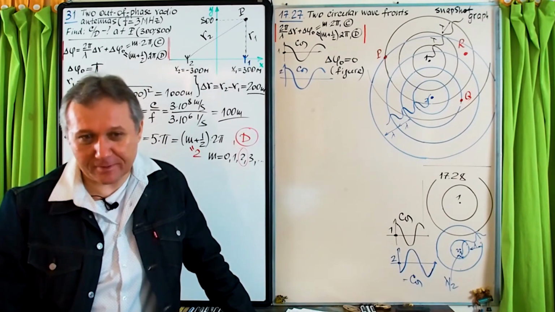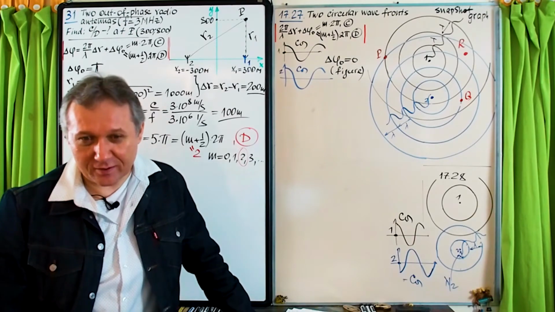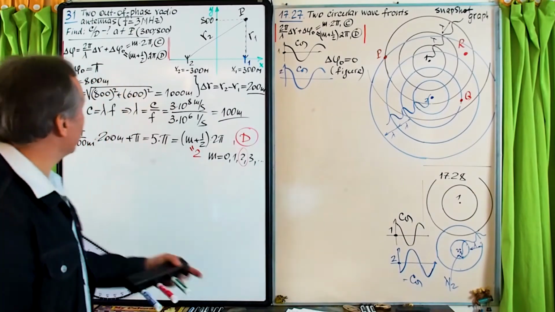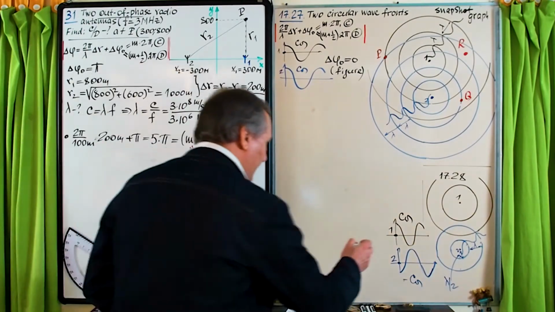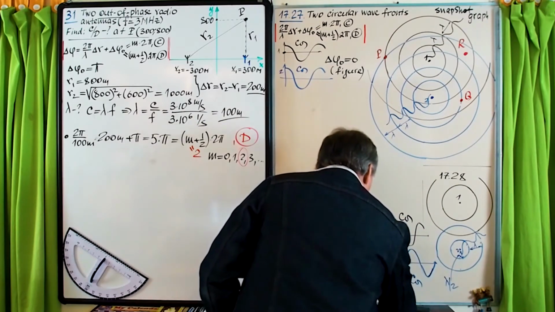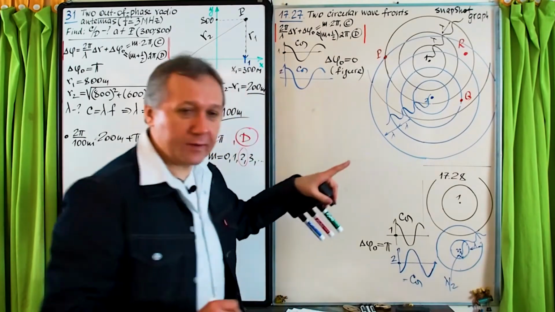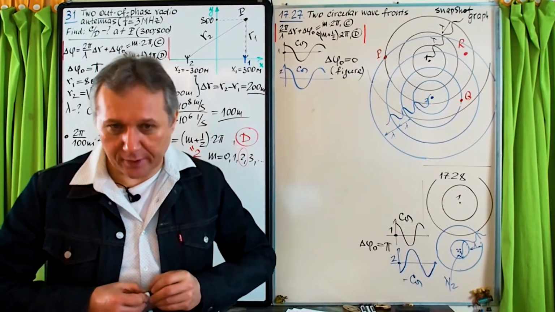Inherent phase difference, pi. These two sources are out of phase. Pi, out of phase. So here we can write that delta phi naught equals pi. So that will be the story in your homework problem 28.